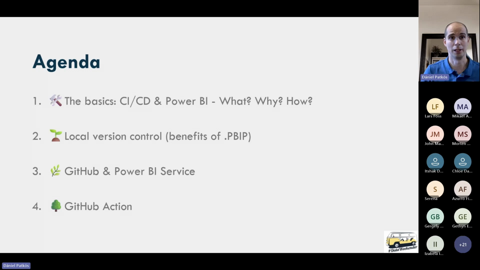Once we are ready with that, I'll give you a step-by-step, high-level guide on how to set up a version control system locally on your machine, how you can connect that to GitHub, and also how you can integrate GitHub with Power BI service. And finally, in the last 5 to 10 minutes of the presentation, we are going to explore how GitHub Actions can transform your entire workflow.